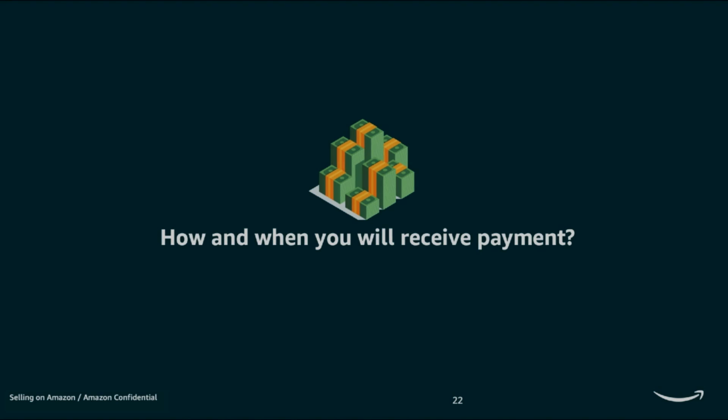The next topic will be how and when you will receive the payment. Each seller will have a definite payment release date, which is every 2 weeks. The payment for orders will be eligible for disbursement 7 days after the estimated time of delivery.